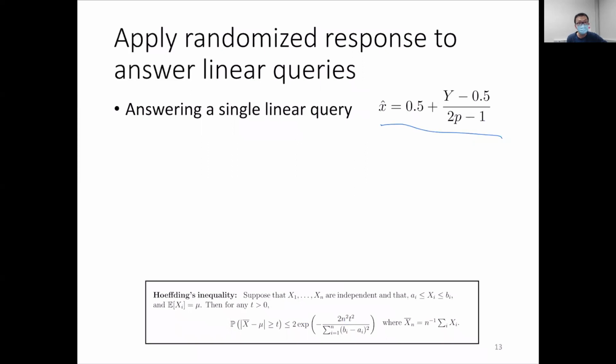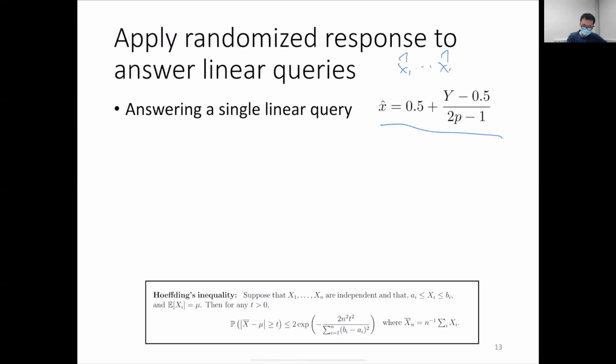So the naive algorithm is to apply randomized response to output every secret bit for every individual, right? By applying randomized response n times, we can output a bit vector that approximates the ground truth bit vector.